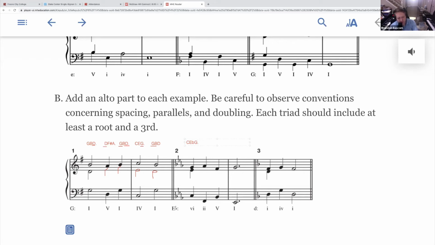Moving to a 2 chord, which is F minor: F, A flat, C. Moving to a 5 chord, moving back to a 1 chord. All right, do we have common tones?